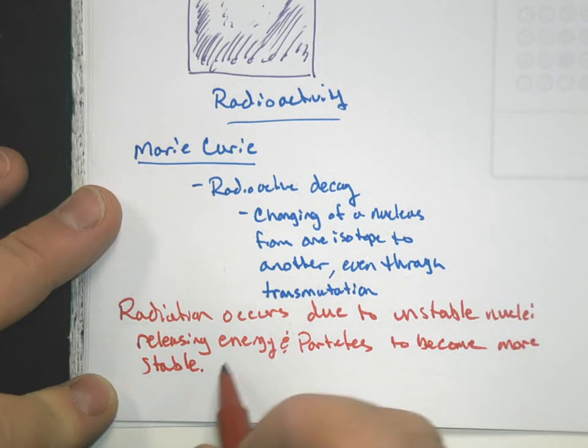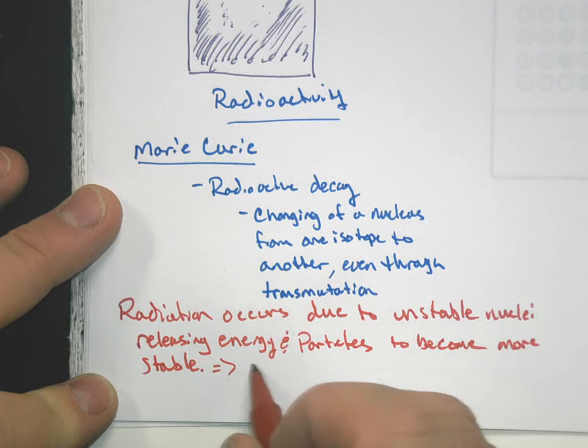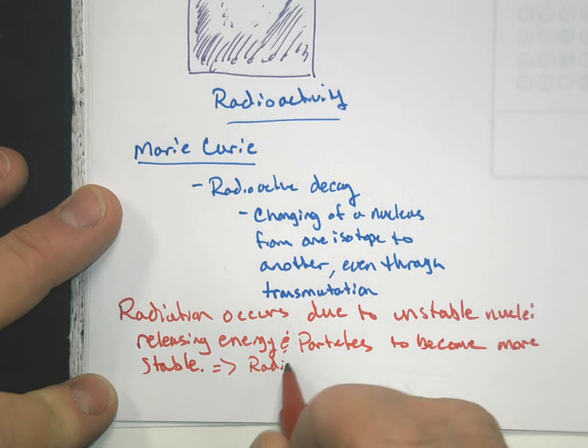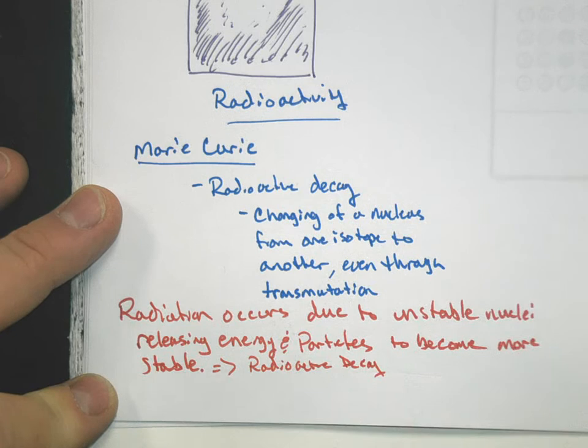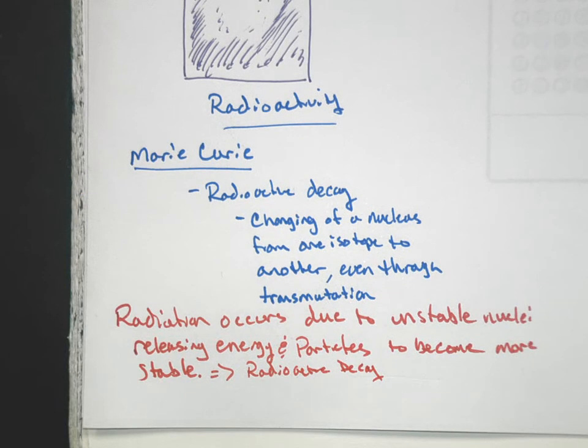Okay, and this process is radioactive decay. Okay, so Marie Curie discovered the process by which particles try to become more stable, and that is called the radioactivity. That's called the radiation that's given off.